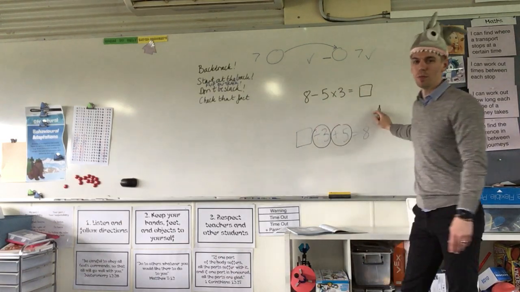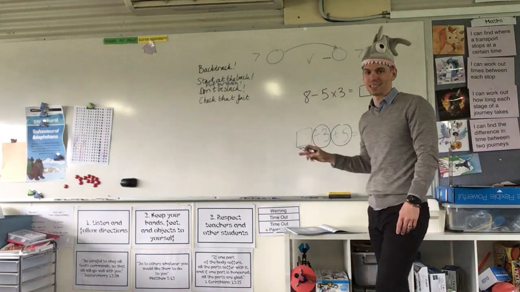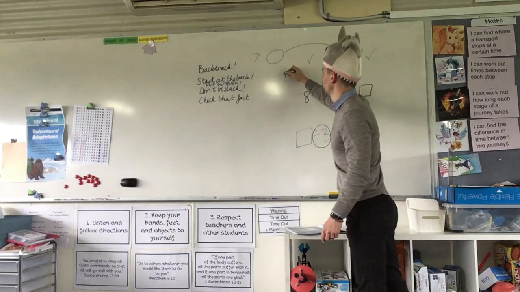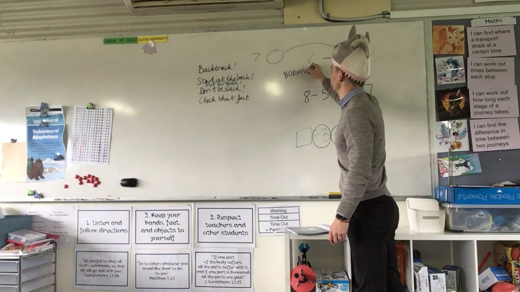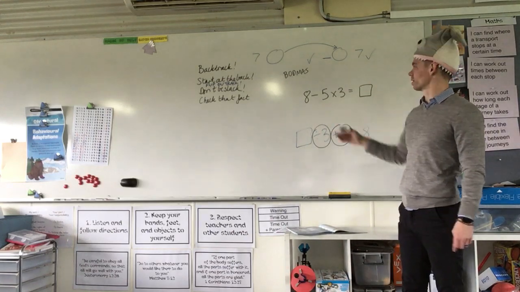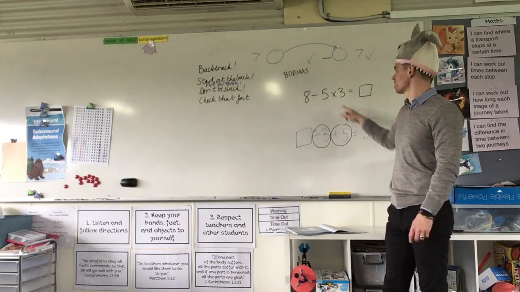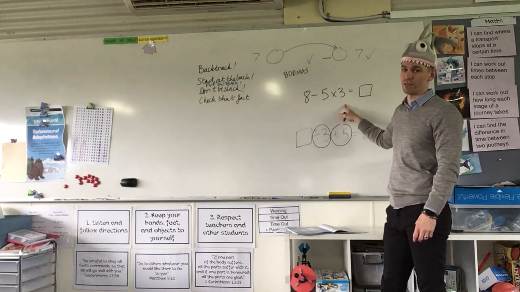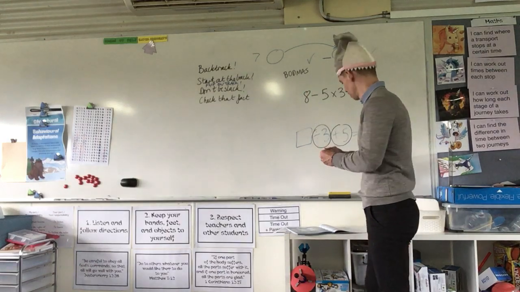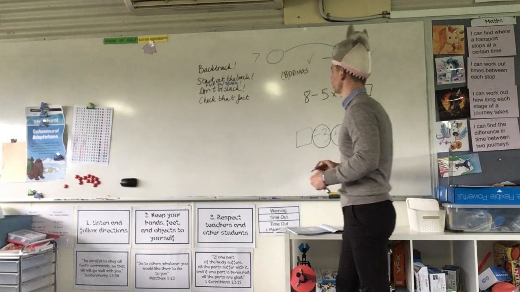That is correct, but as we're dealing with two different operations, we start to have to think about something called BODMAS. Maybe you've heard of BODMAS before. BODMAS tells you which order to do these operations. Because maybe someone would do the 8 minus 5 first, but someone maybe does the 5 times 3 first. Let me tell you the important bits of BODMAS. B is for brackets. You always do what's in brackets first.